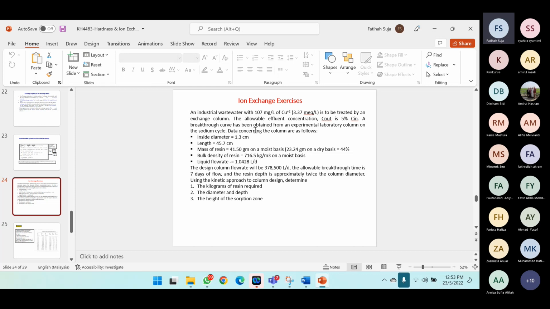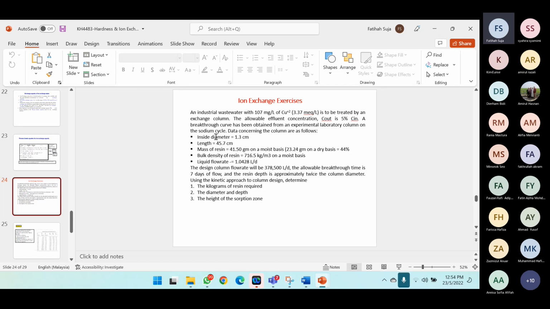A breakthrough curve has been obtained from an experimental laboratory column on the sodium cycle. So these are the data concerning the column. You can always start your experiment and get the breakthrough. Then you will usually know the exact amount of resin that you need to use.